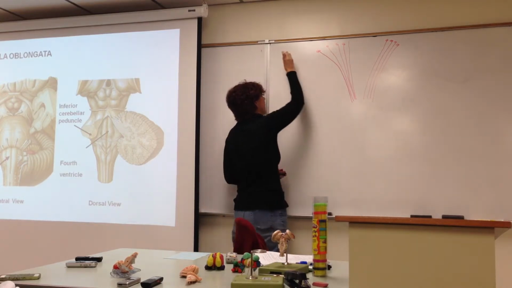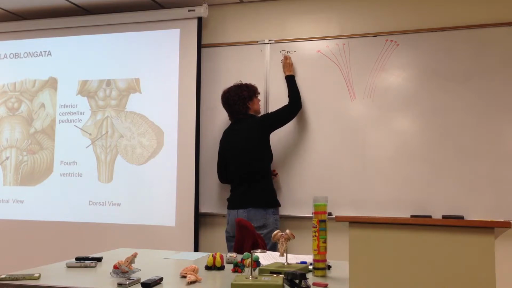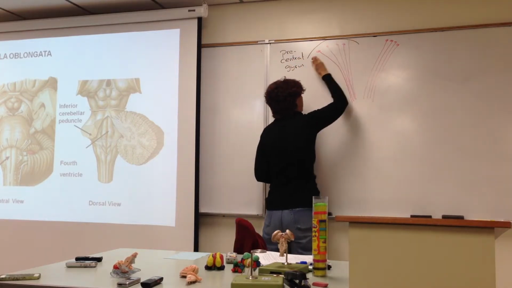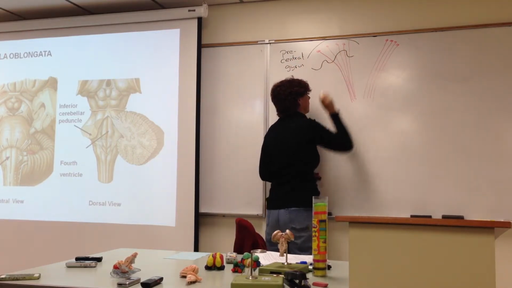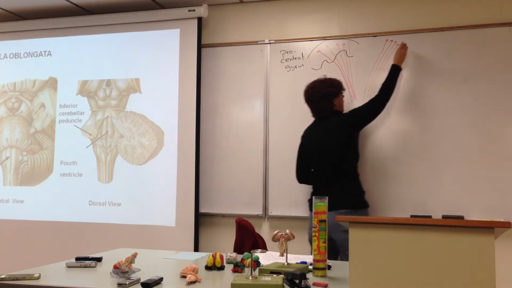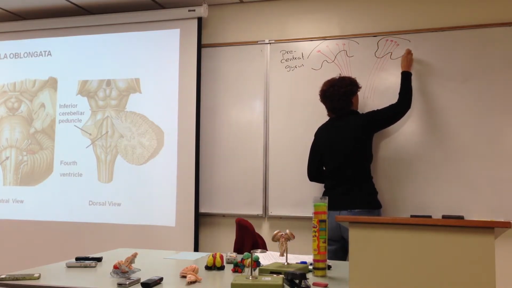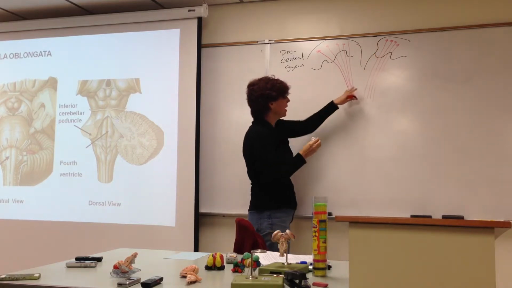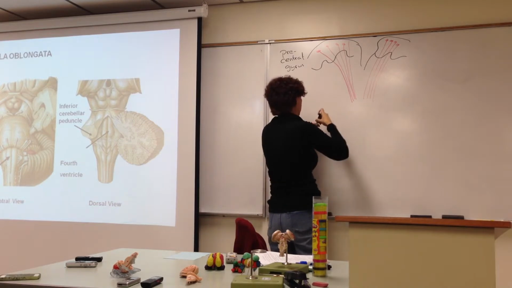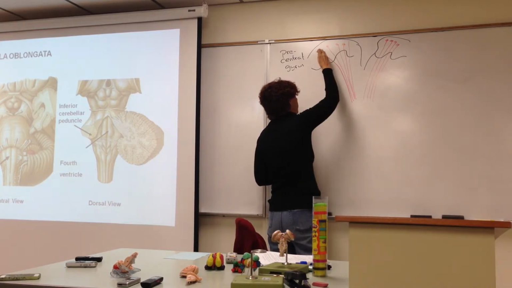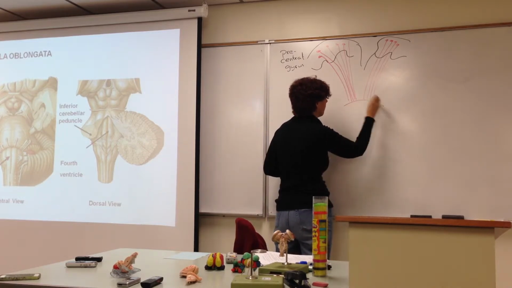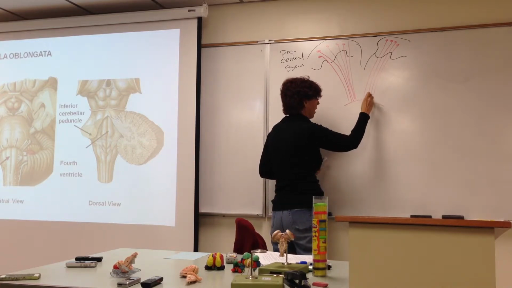So we would have the precentral gyrus, which would be the source of our upper motor neurons. And then here we're seeing these motor fibers coming through the midbrain, through the pons.